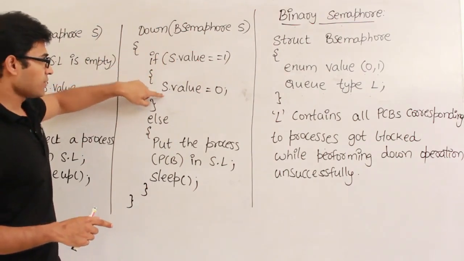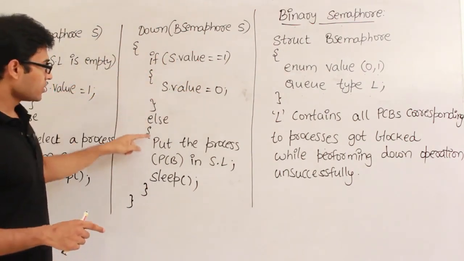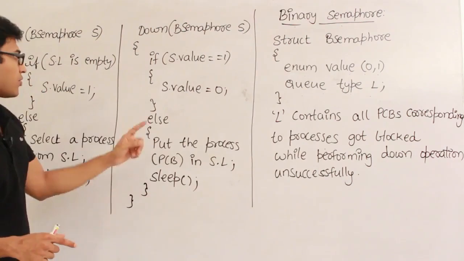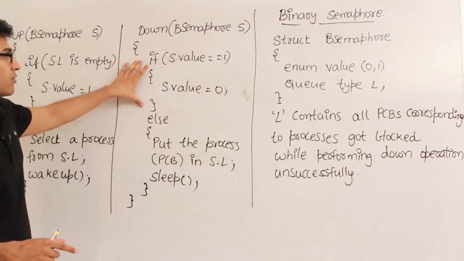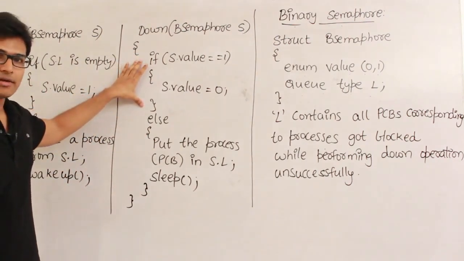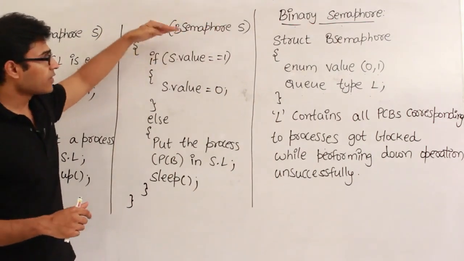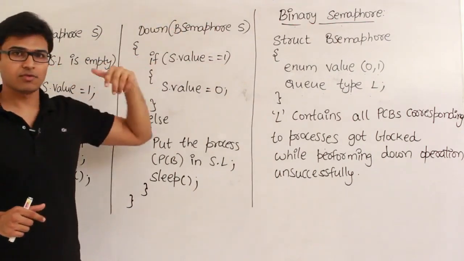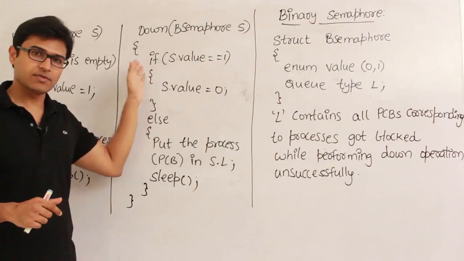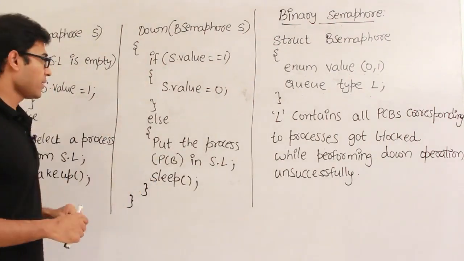What does it mean? S dot value equal to 0, and you need not block yourself, you can come out. So if this down is performed before entering this CS, and if its value is initially 1, the process which is calling this down operation will successfully enter the critical section, right?